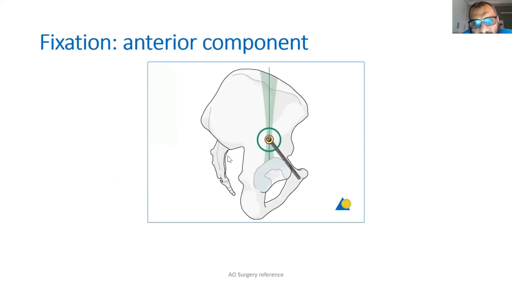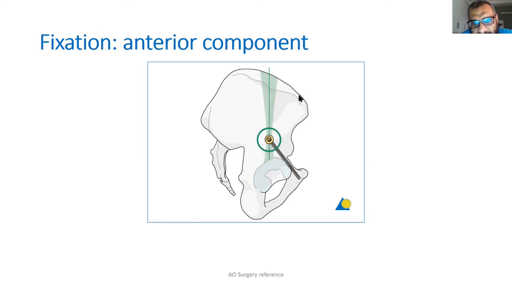Here's how to fix the anterior column, and we'll elaborate more on this in the coming lecture on percutaneous fixation. So it starts above the acetabulum, about 3 to 4 centimeters, in the line joining the top of the greater sciatic notch to the midway between the anterior superior and the anterior inferior iliac spine.